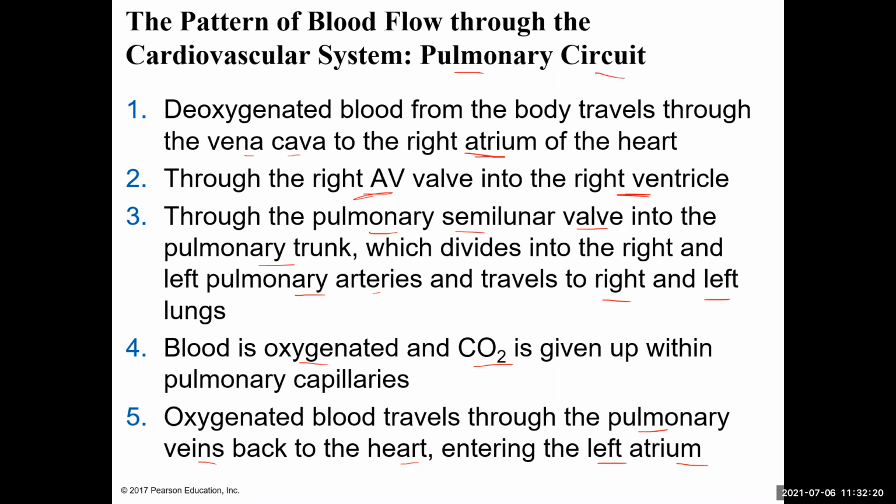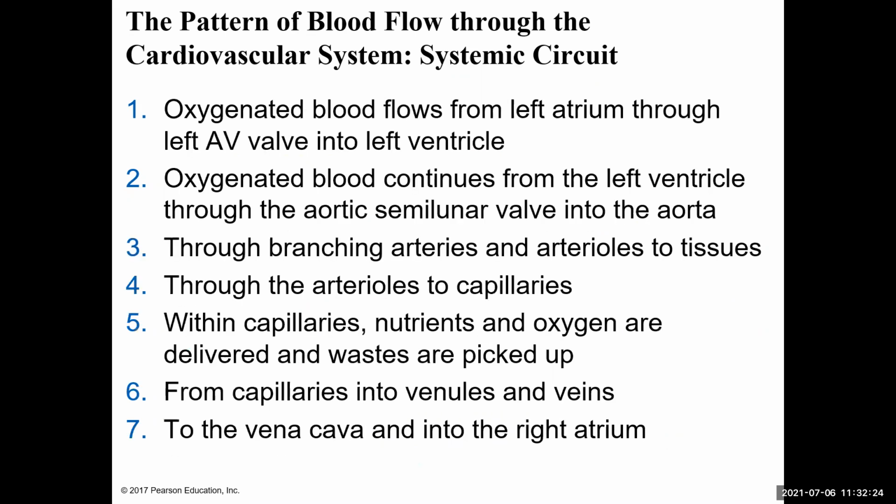Once that blood enters the left atrium, it then travels the systemic circuit. The oxygenated blood enters the left atrium, goes through the left AV valve, through the left ventricle. It exits via the aortic semilunar valve to the aorta, and then is sent to the rest of the tissues in the body.